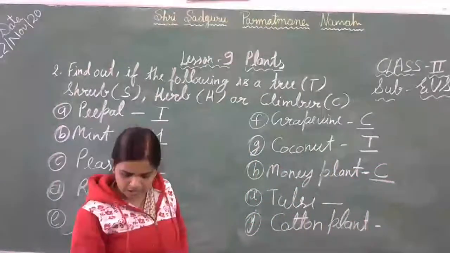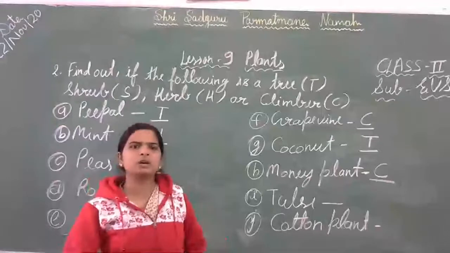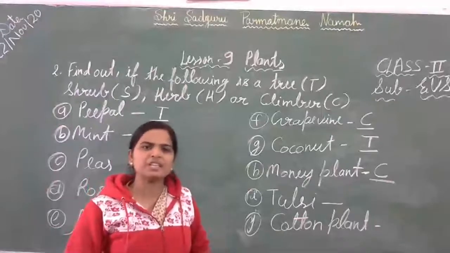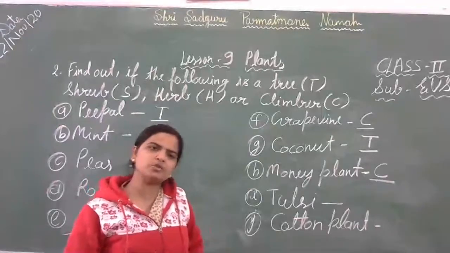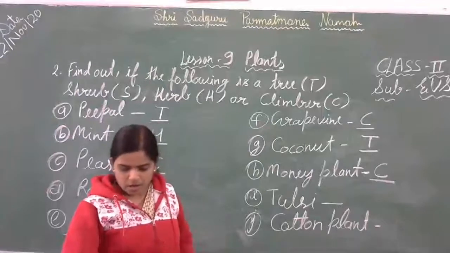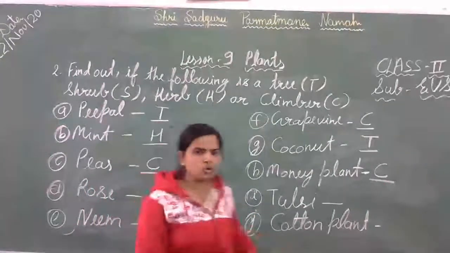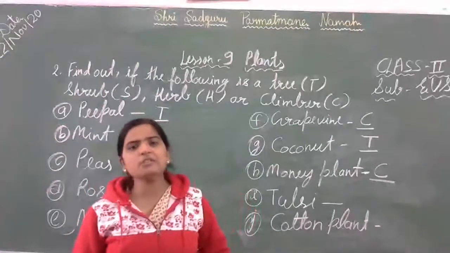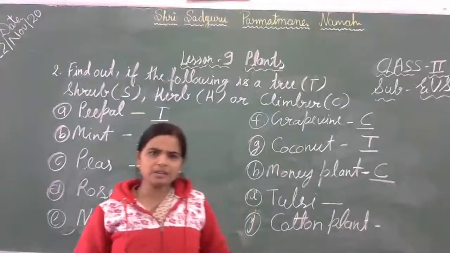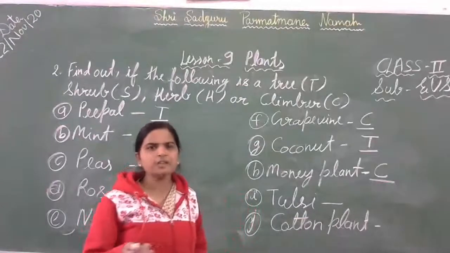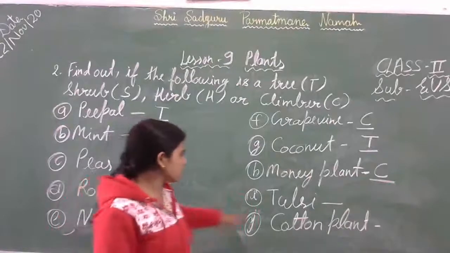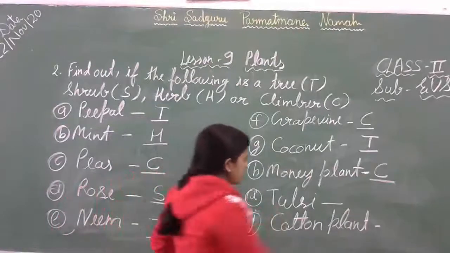Tulsi is used for medicine, and it also has a soft and weak stem. It is an example of herb.